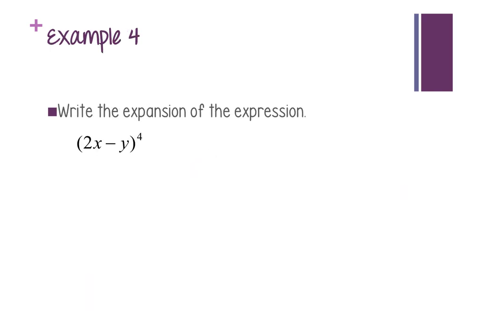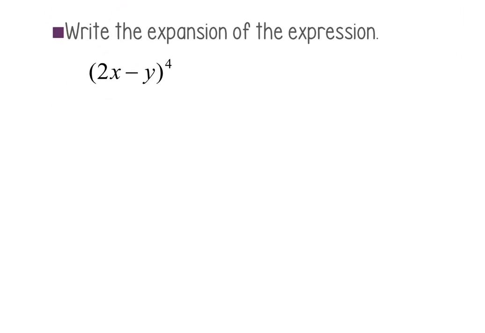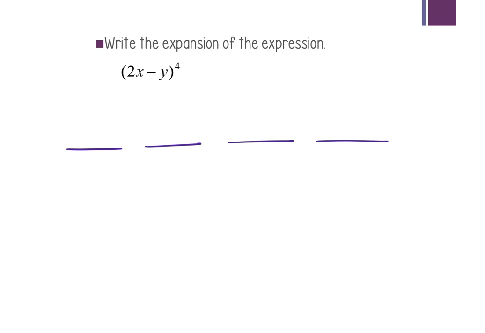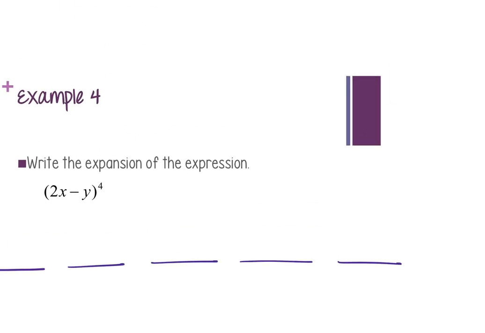Okay, write the expansion of the expression. So how many terms are in this? 5. Give yourself literally 5 spaces. 1, 2, 3, 4, 5. Build Pascal's triangle. Don't just copy paste from what you have. The more you practice it, the quicker you're going to get.